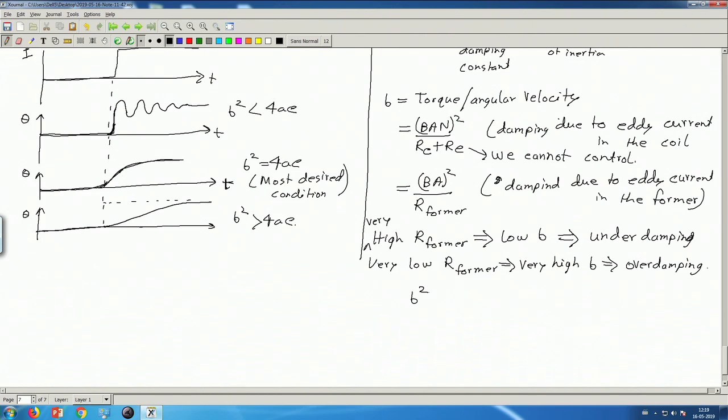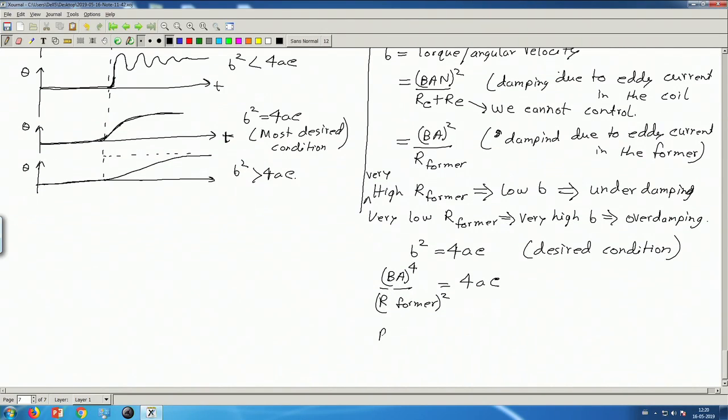So b square equal to 4ac is the desired condition, critical damping, and here in place of b square we can put the value of this, and now you can choose the value of R former.